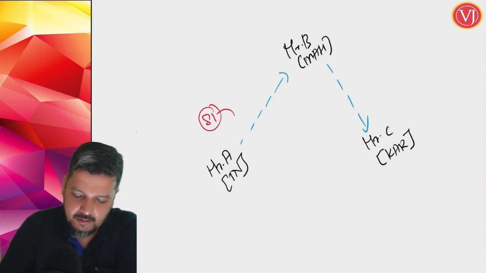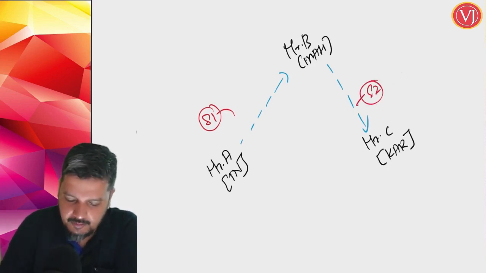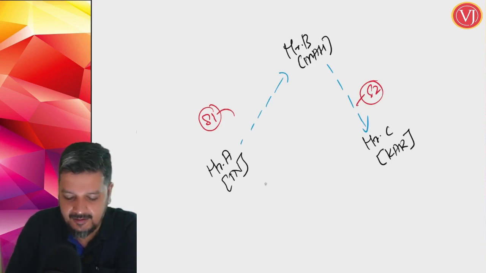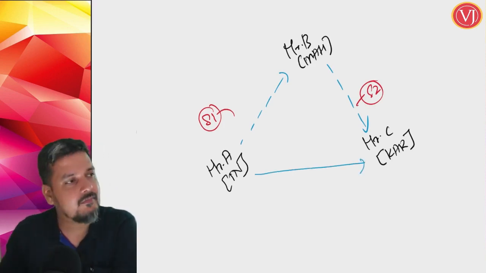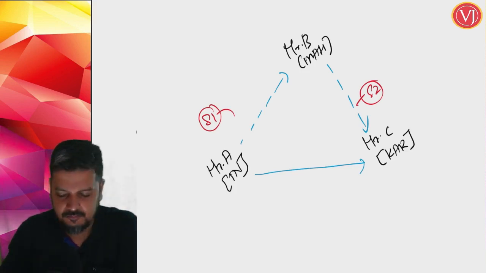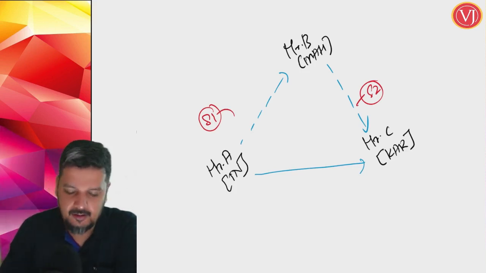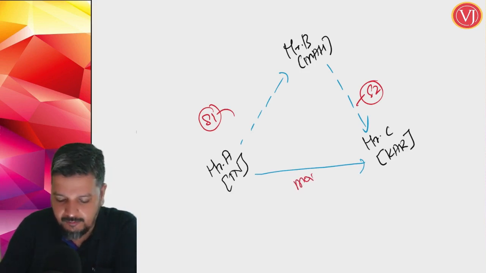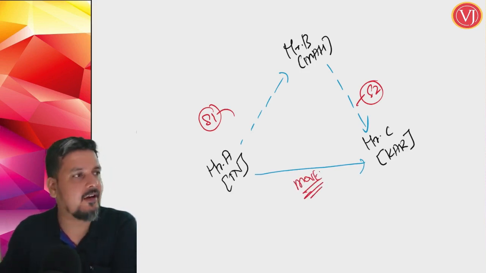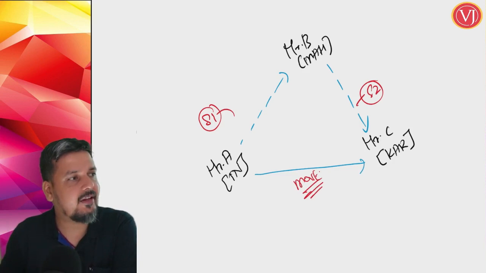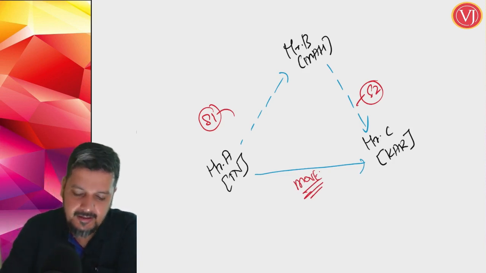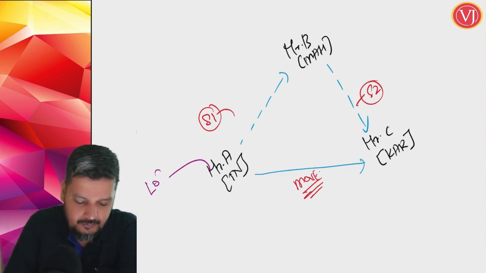But Mr. B of Maharashtra tells that directly send the goods from Tamil Nadu to Karnataka. So supplies are 2, but movement is only 1. By the way, A and C do not have any contract.